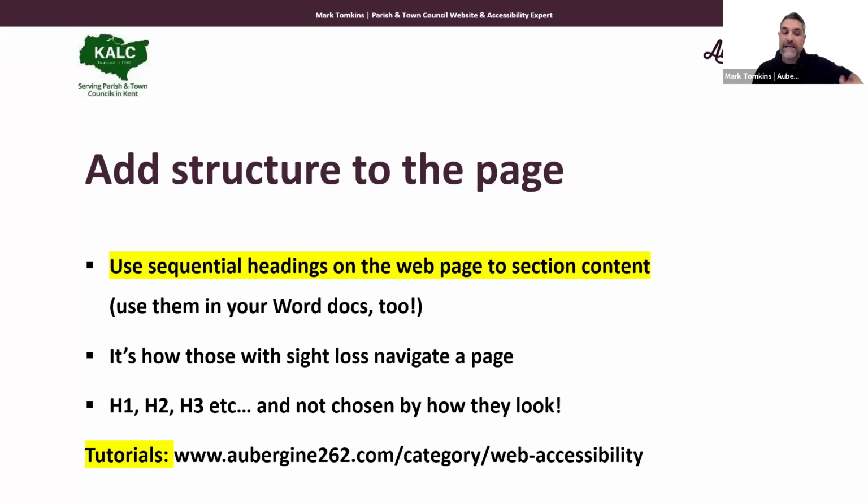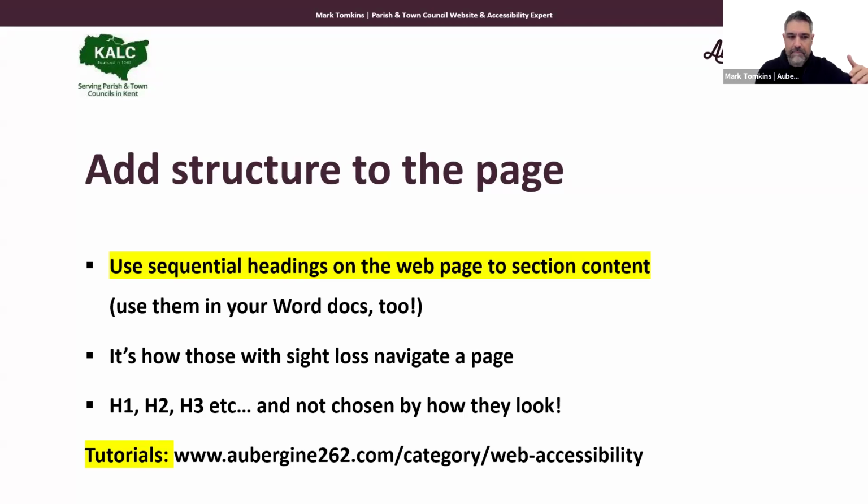If you don't use sequential headings and you just use headings based on the style, font size, it might be that that number, that H3, H4, H5, is completely out of sequence. So the assistive technology is going to read the content to the person in a weird order. It's going to do it based on 1, 2, 3, 4, 5.